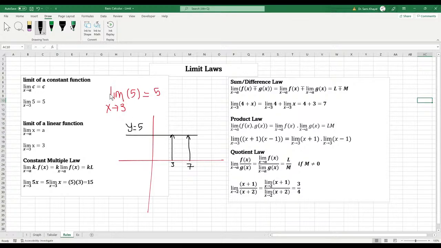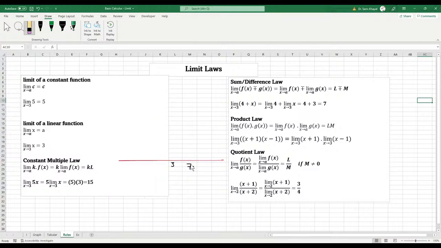And that's why the limit of a constant, when x approaches any real number, will be the constant term. Okay, the next one is this one: the limit of x when x approaches a will give you a.